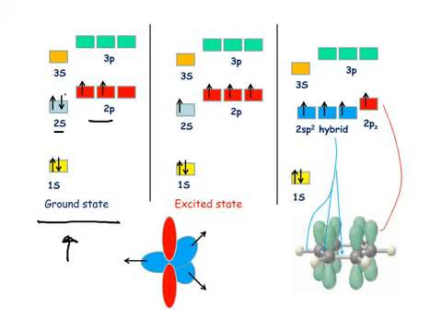What happens is one of these 2s electrons is promoted up here, and we have therefore a 1s2, 2s1, 2p3 setup. Now this would allow for 4 electrons to enter, which would actually happen in the case of CH4, and it accounts for the structure of the bonding in methane, CH4.